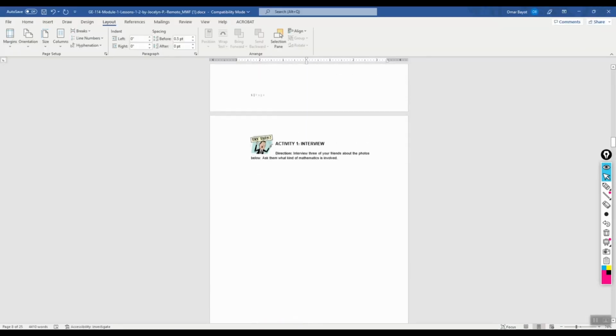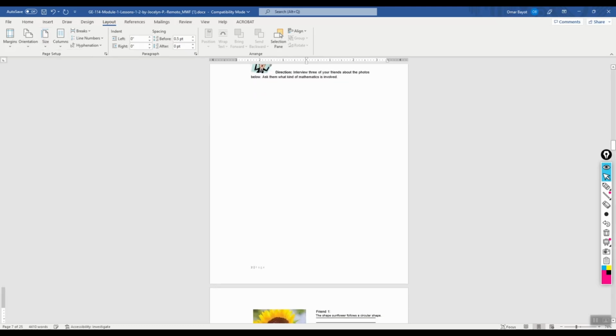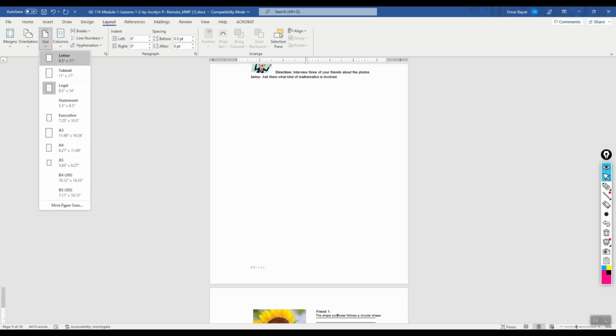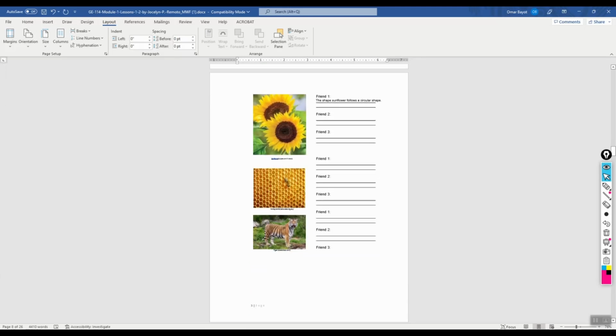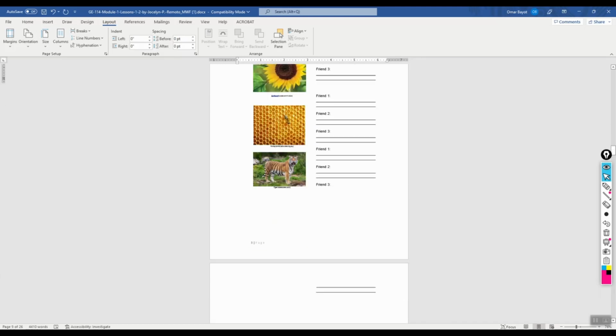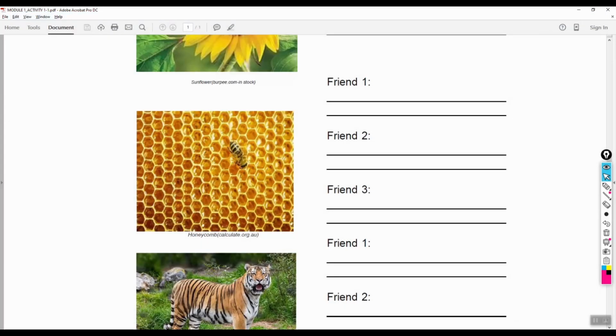Okay, so this one, we change this paper size to letter, so that you will have it. We'll open it back, but we will not save it.